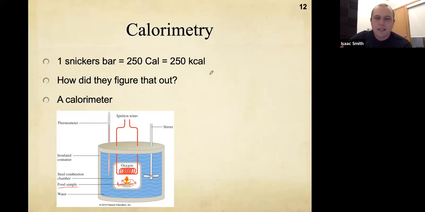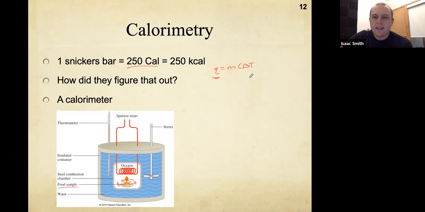So in order to know, let's say you're trying to find out the calories in a Snickers bar. Take your equation, Q equals MCΔT, okay? And we're solving for Q, because we want to know how many calories are in a Snickers bar. Well, it's hard to do on the Snickers bar itself.